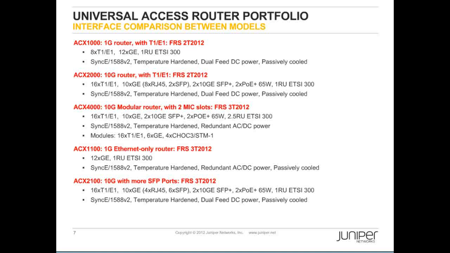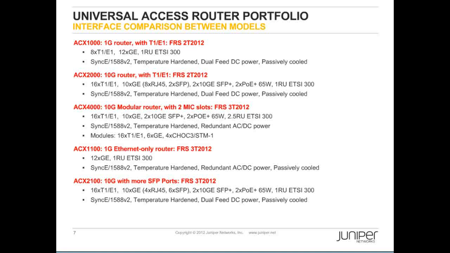ACX 4000 is the only modular box in this family with 2 MIC slots that can take one of 3 cards: 16 T1/E1, or 6 Gig, or 4-port channelized OC3, or 1 OC12, 12 port. The commonality across these platforms is they all support synchronization 1588 for both copper as well as the optical ports.